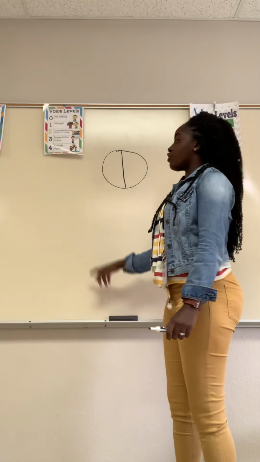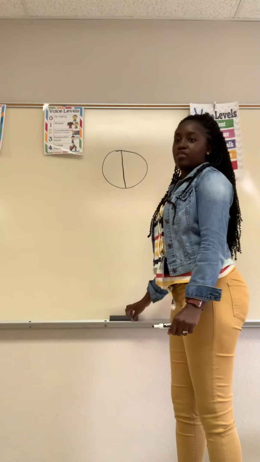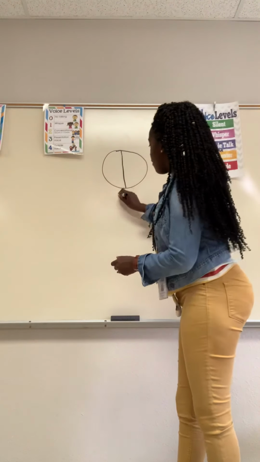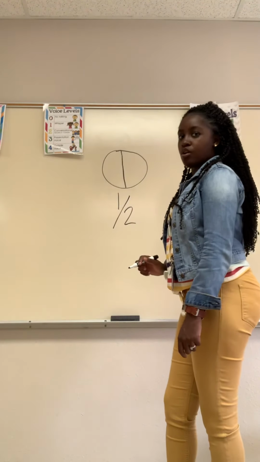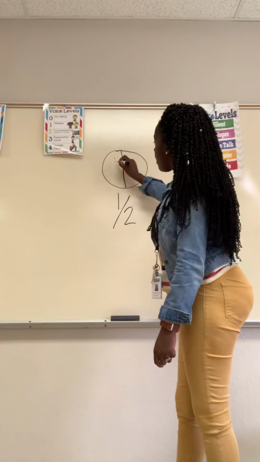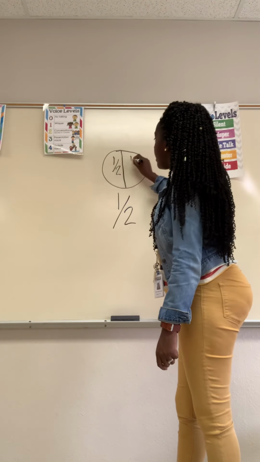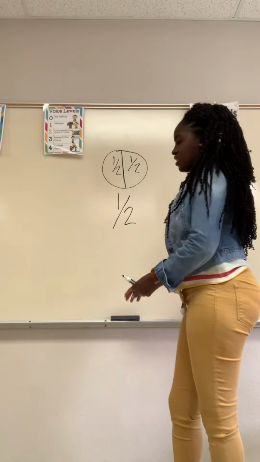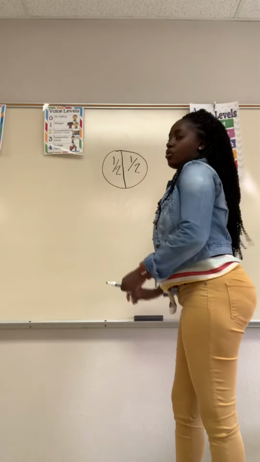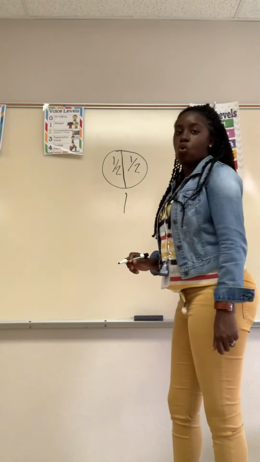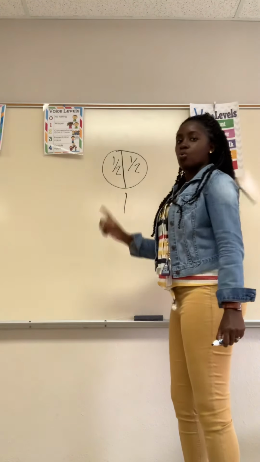You have given your brother half of your birthday cake. This is a half. And when you have a half and a half, what is that equal to? 1 whole.